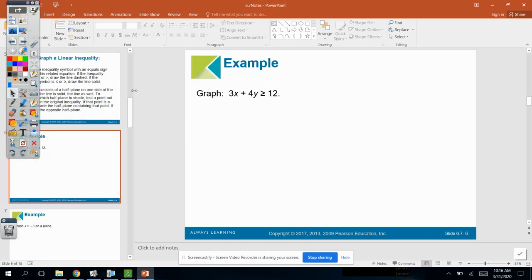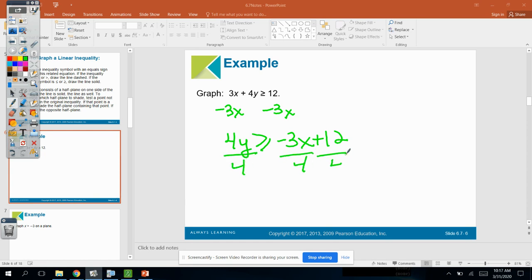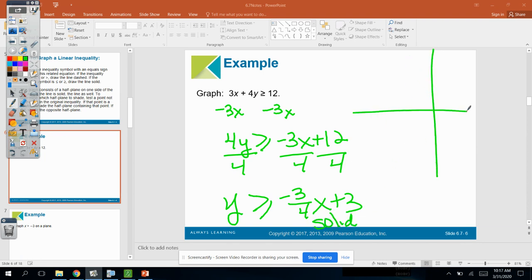So here we go. 3x plus 4y greater than or equal to 12. So we're going to go ahead and get y by itself. Divide all the friends. Okay, so get y greater than or equal to negative 3/4 x plus 3. Now, because it's equal, it will be solid, and then we will just graph this line. Y-intercept is 3. Slope is negative 3/4. So down 3 over 4.